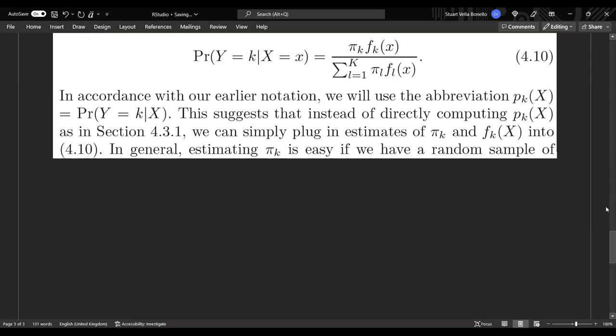So what's Bayes' theorem telling us? We're saying the probability... I'm using very small text, let me just change the font.